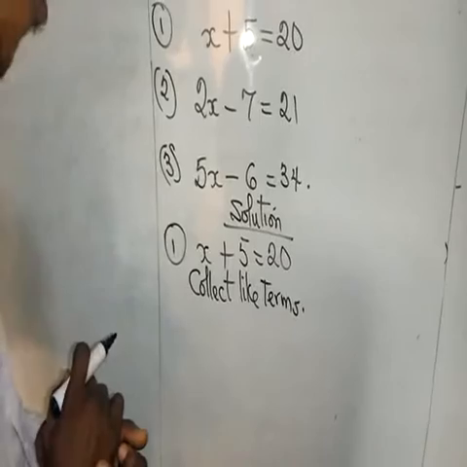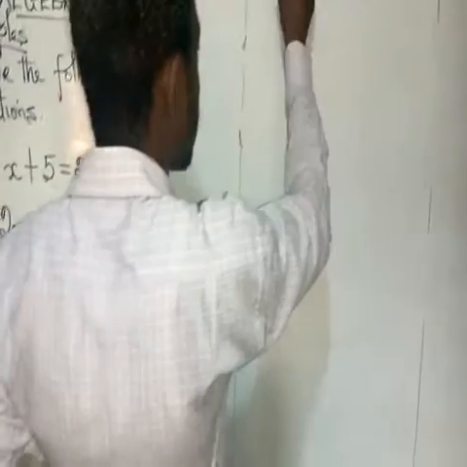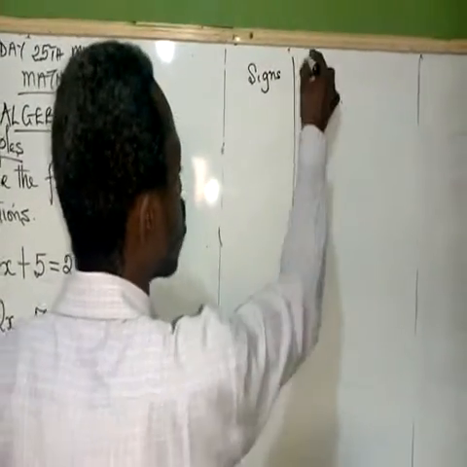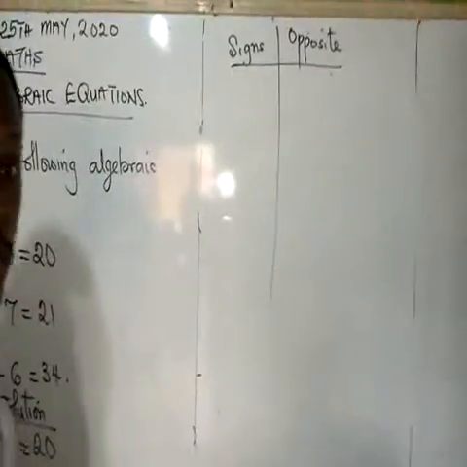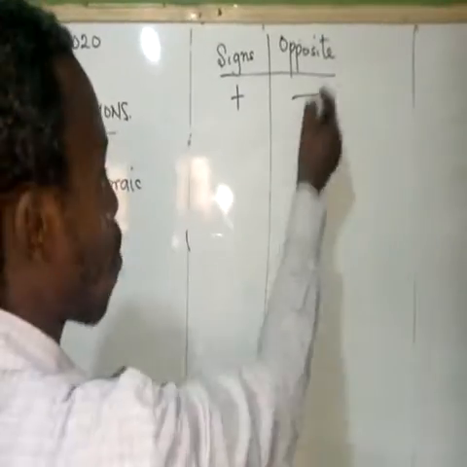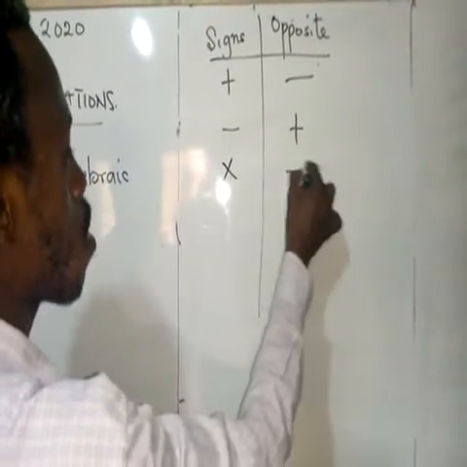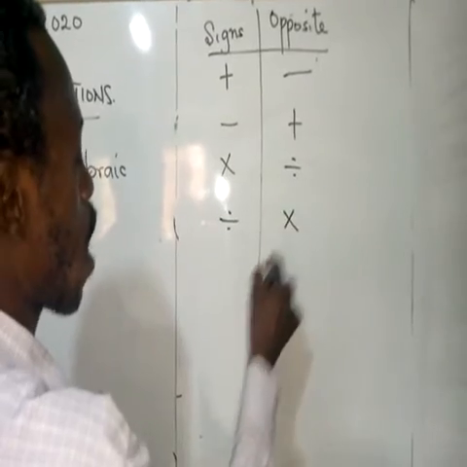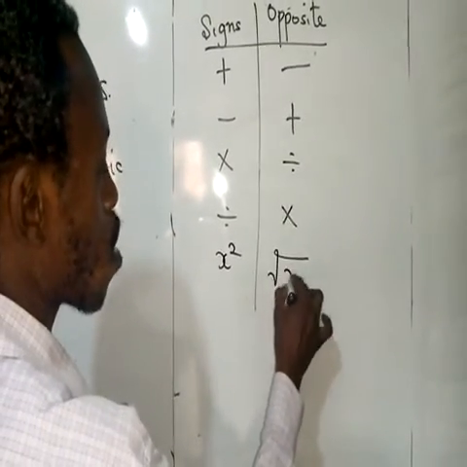Now, how do you do it? Remember when I taught you signs and opposites? I believe you can still remember. The opposite of plus is what? Minus. Opposite of minus is what? Plus. Times, divide. Divide, times. Then you have square. The opposite is square root.